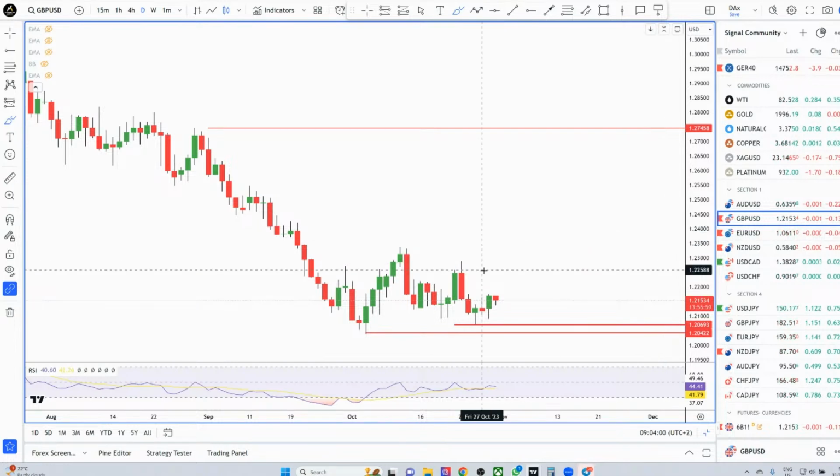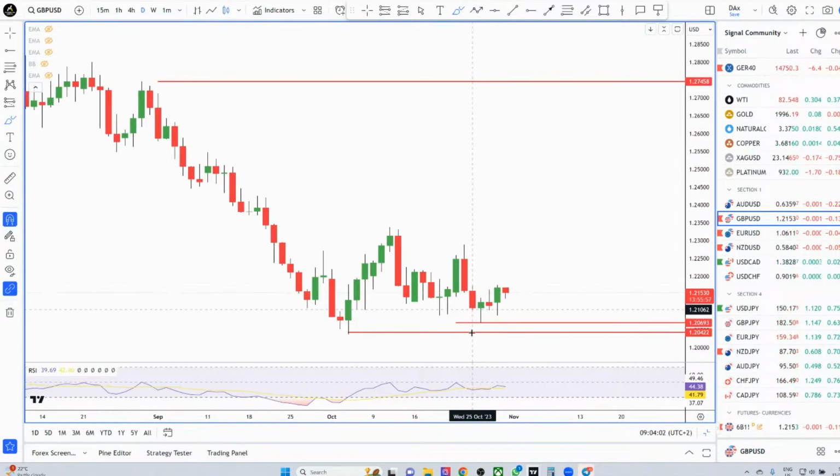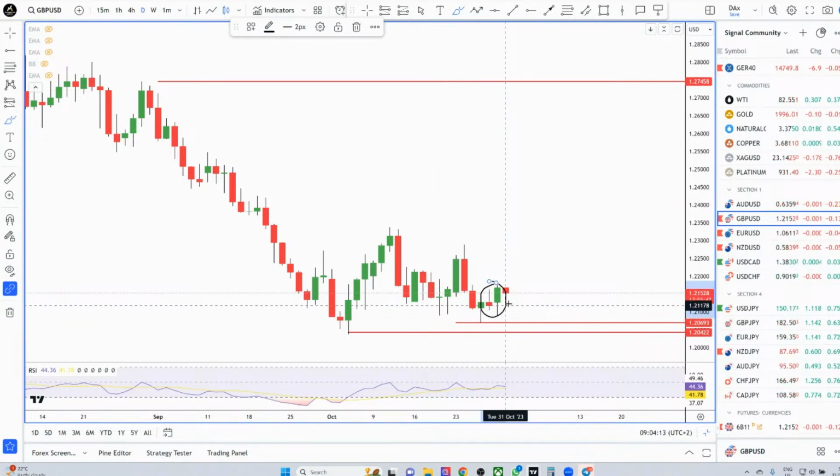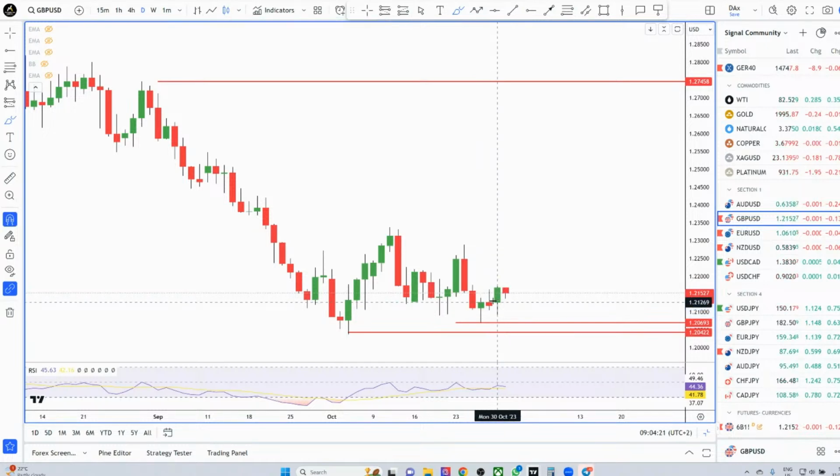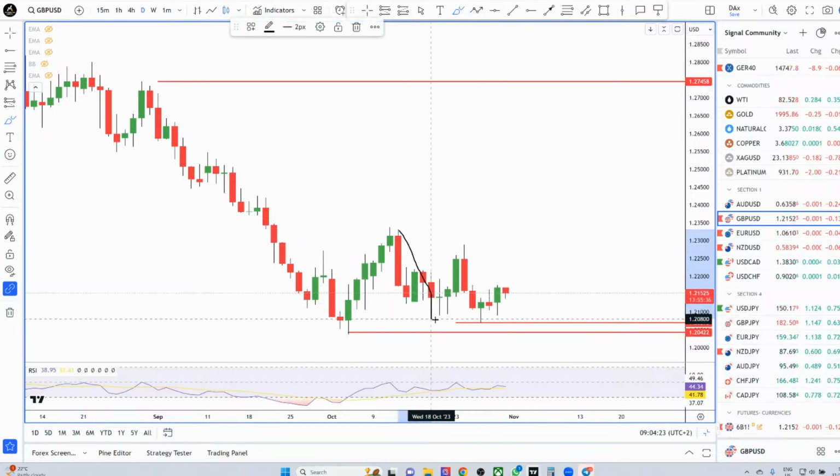Then is the pound against the US dollar. Pound sustained above the support yesterday with a strong bullish engulfing. And that, guys, that's a bullish signal. And I wouldn't do swing trading here at this bullish engulfing, because the market has stopped trending.